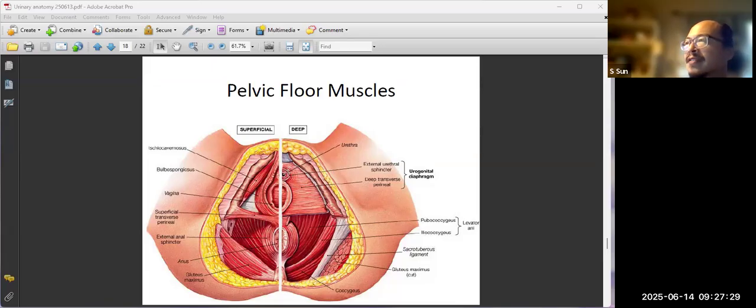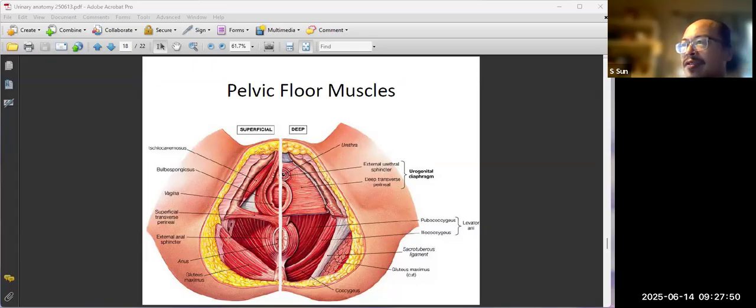So that's that. When you relax your external urethral sphincter, you don't really allow poop.